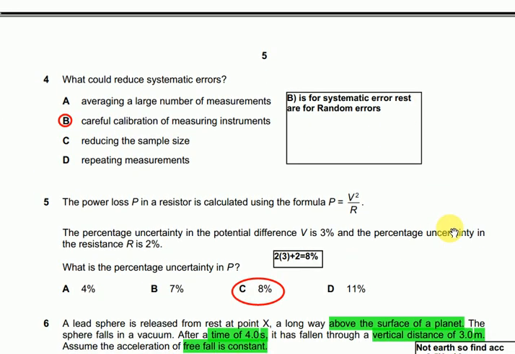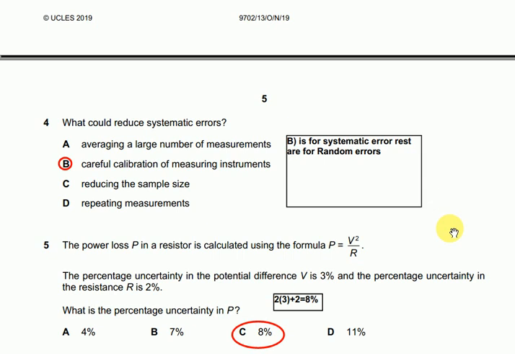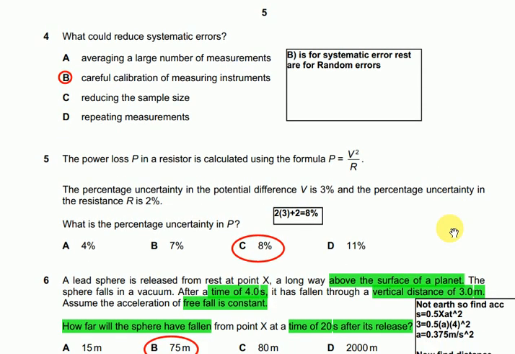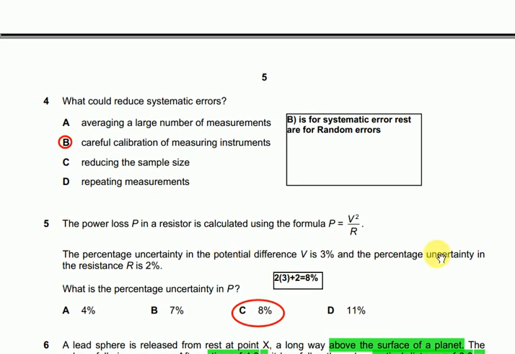Question number 5, it says that the power loss in a resistor is calculated using the formula P equals V square over R. The percentage uncertainty in the potential difference V is 3%, and the percentage uncertainty in the resistance is 2%. What is the percentage uncertainty in P?